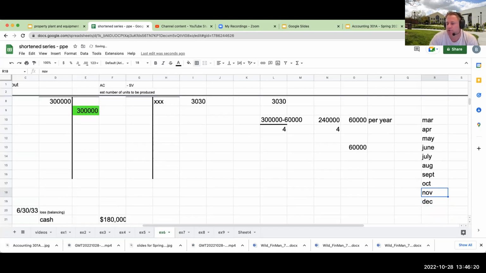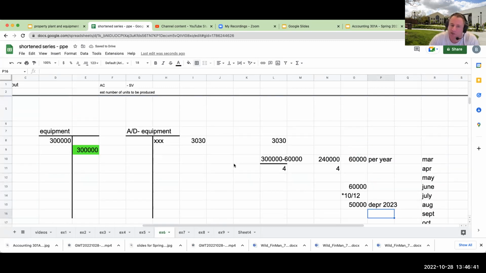This is going to be 1, 2, 3, 4, 5, 6, 7, 8, 9, 10 months. So I'm going to take this 60,000, multiply it by 10/12, and this is going to give me the depreciation expense for 2030. So what I would have done, I would have debited depreciation expense, and I would have credited accumulated depreciation for the 50,000.